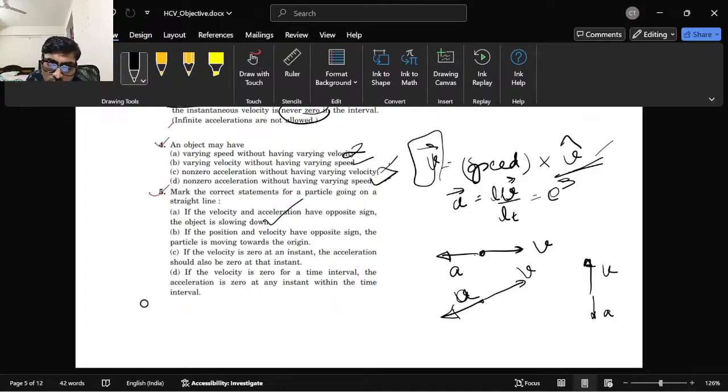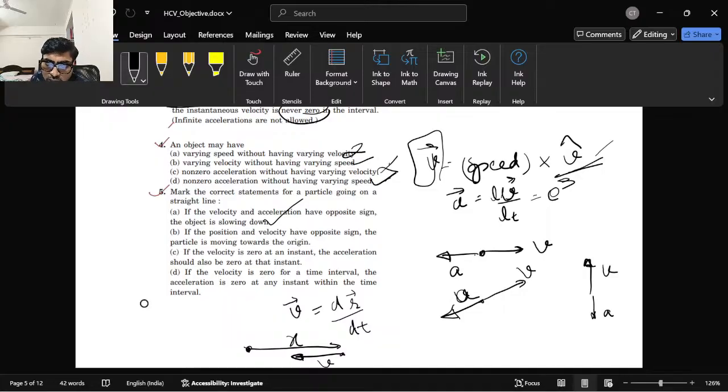Yes, so v bar equals dr bar by dt. Straight line path, only x direction, let's say. If it is going away from origin, x increases. If it is going towards origin, x decreases. So you have a position vector like this, and velocity is in the opposite direction.